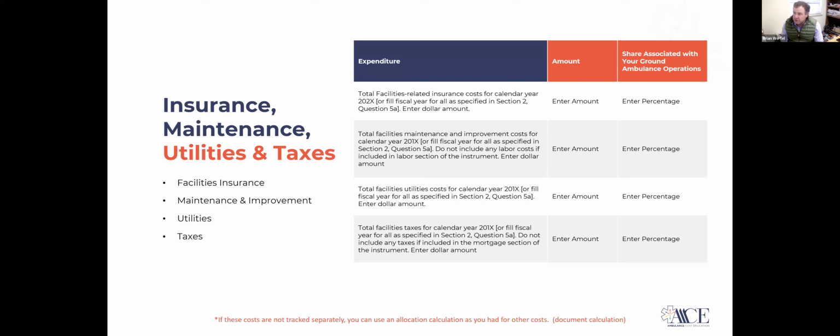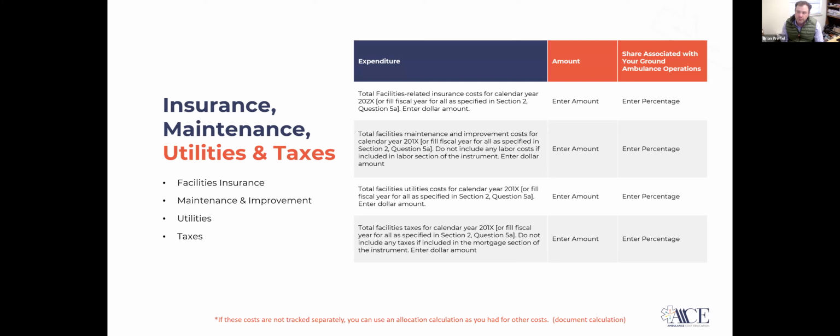It will ask you for the total utility costs, broadly defined here. So gas, water, electric, whatever other utilities you're paying, right? And then the total facility taxes that you paid for the year. Don't include, this is one of those where you can get double counted.